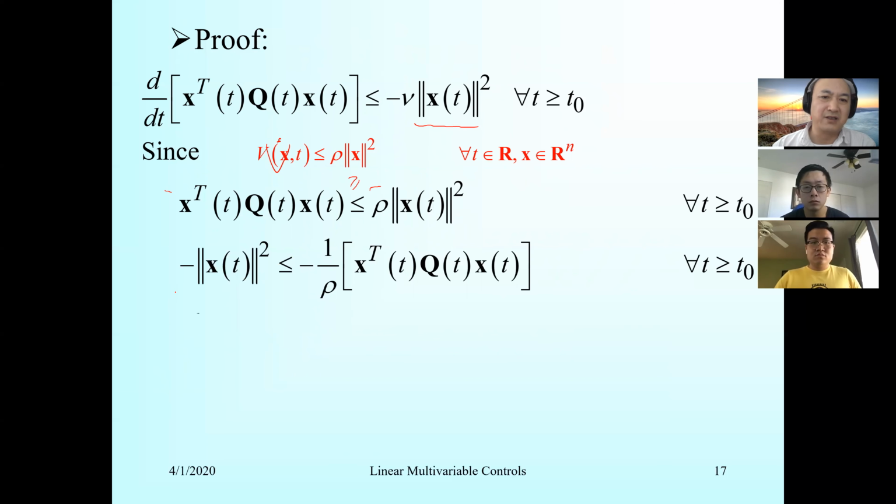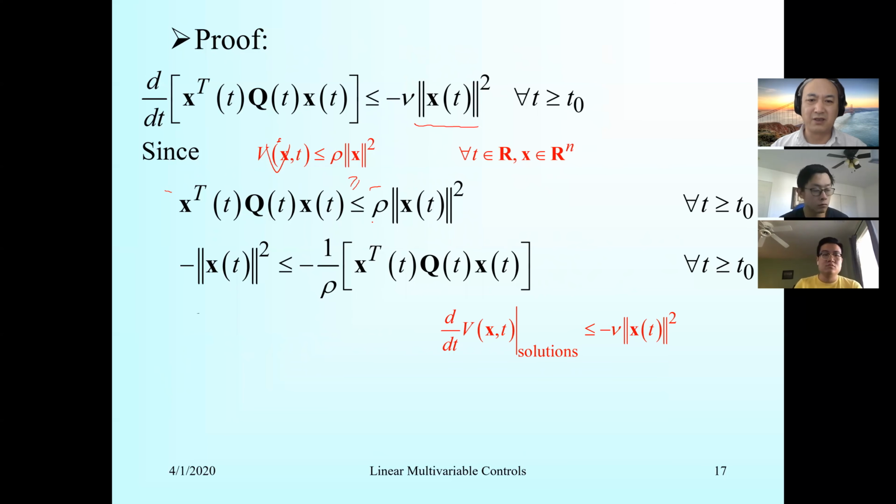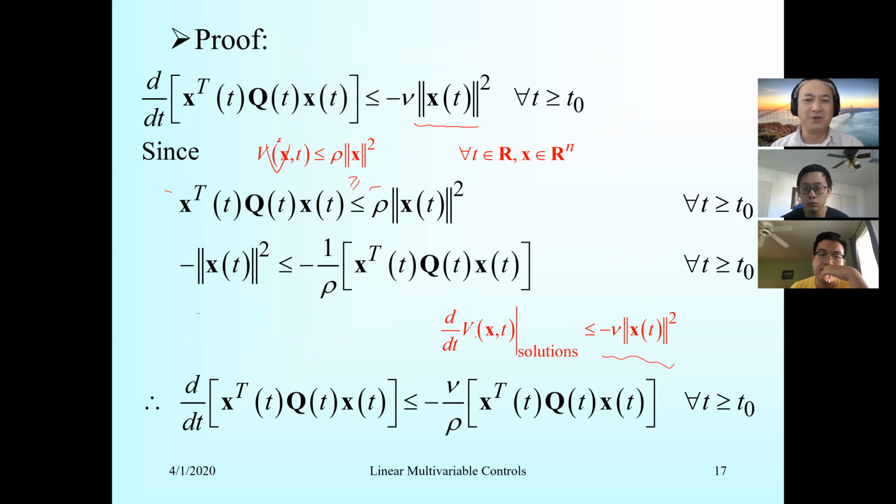So x is lower bounded here. But remember that V dot is less than this. So I multiply by V on both sides. Because minus x norm squared is less than minus this, I put this in and multiply by V, times mu.